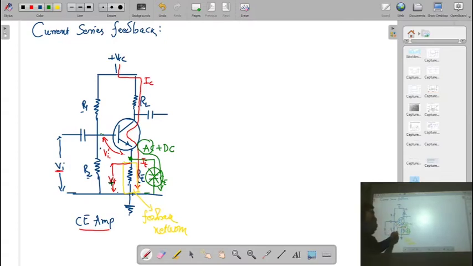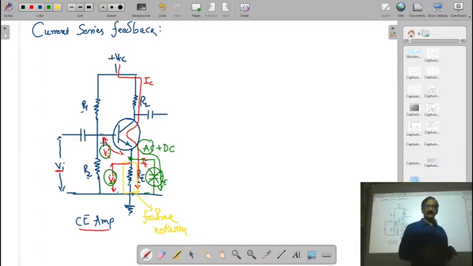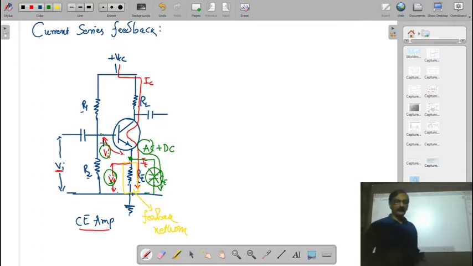This AC voltage will be combined with the input voltage Vi dash. And in this case, your input voltage is going to decrease. Here we will find out what will be the gain of the amplifier. But you should remember that a common emitter amplifier without capacitor is an example of a current series feedback.